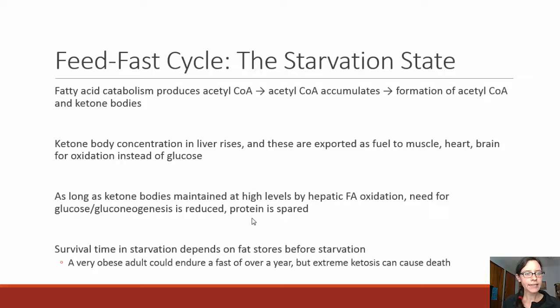So as long as ketone bodies remain at high levels, then the need for glucose and gluconeogenesis is reduced, and therefore our body protein is spared. And so our survival time once we enter the starvation stage depends on what our fat stores were before starvation.